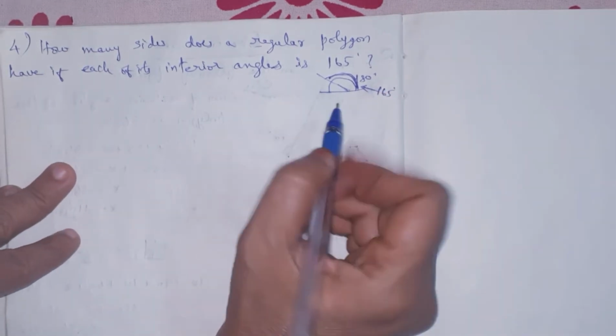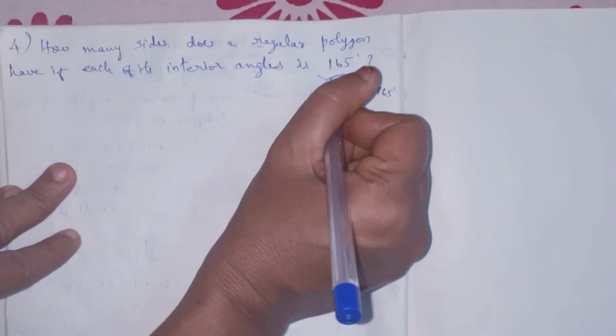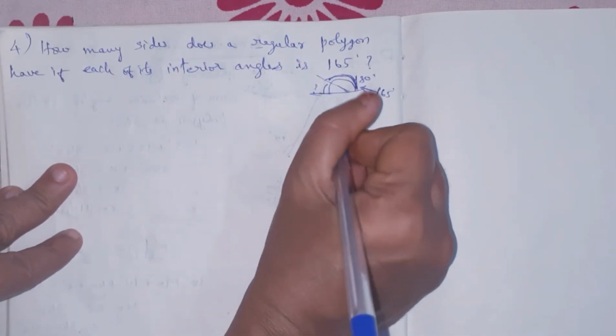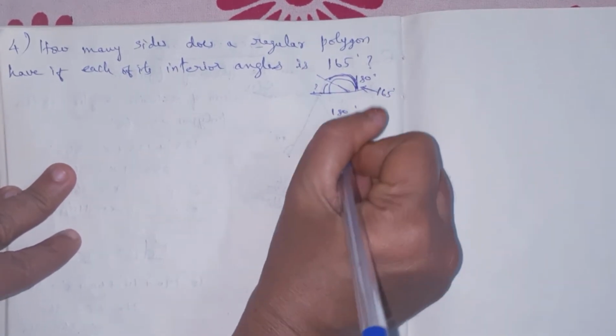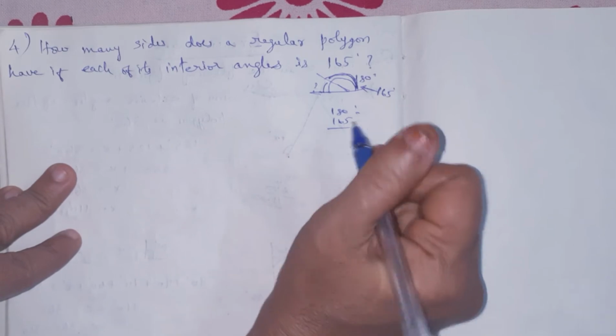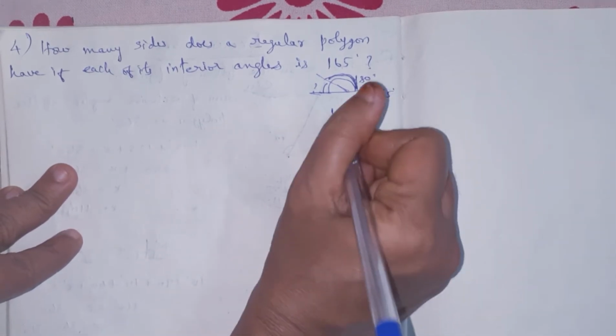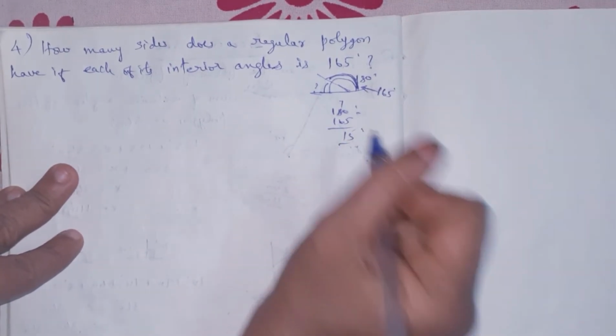Then we have to find the exterior angle, that is 180 minus 165, which is 15.